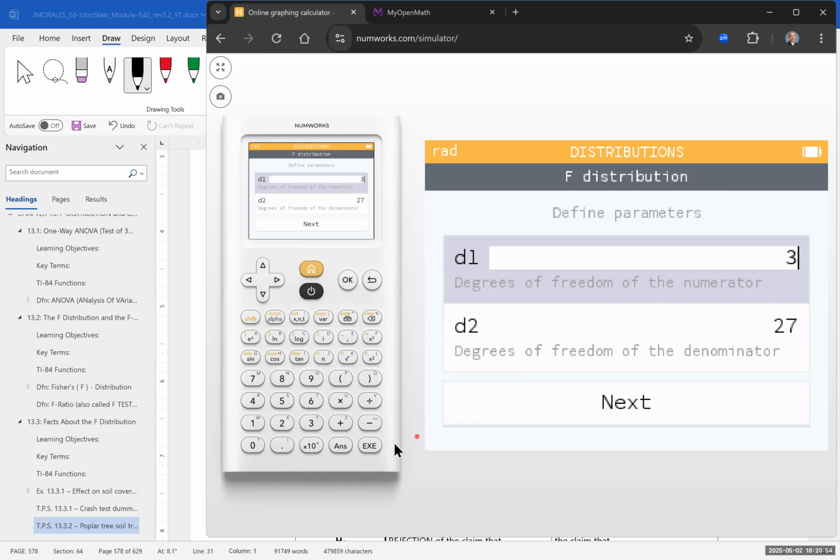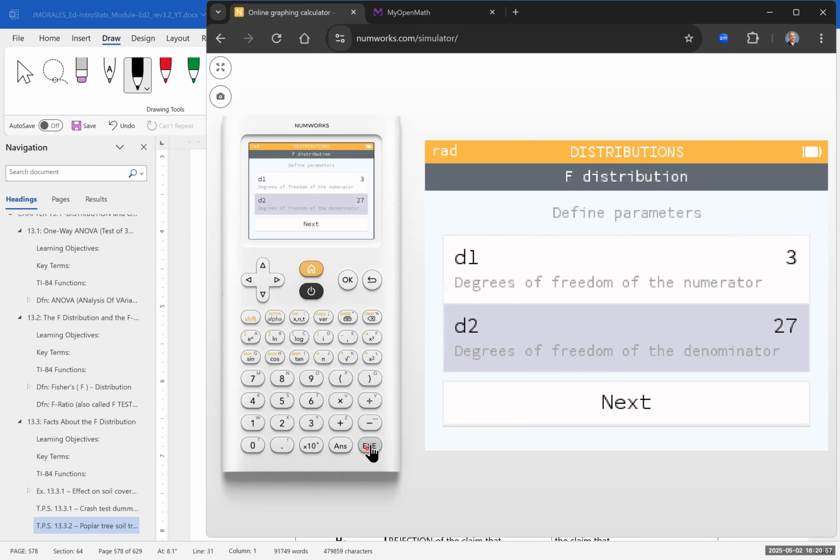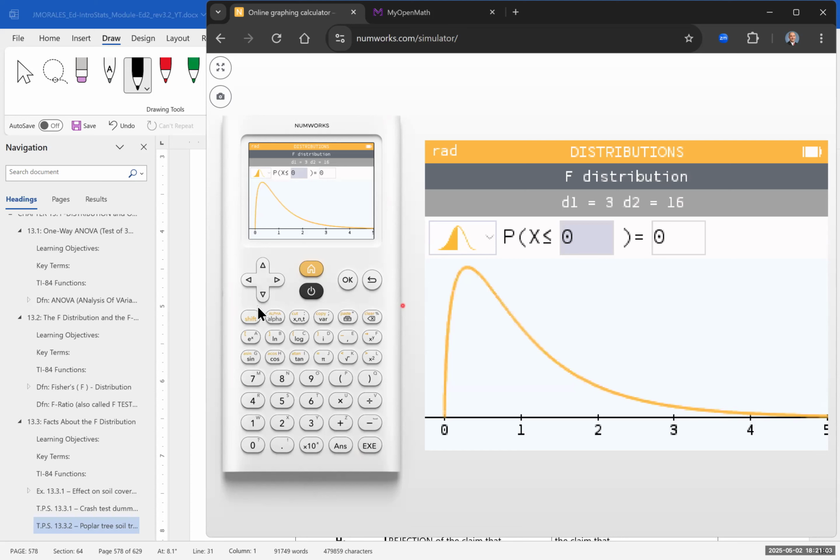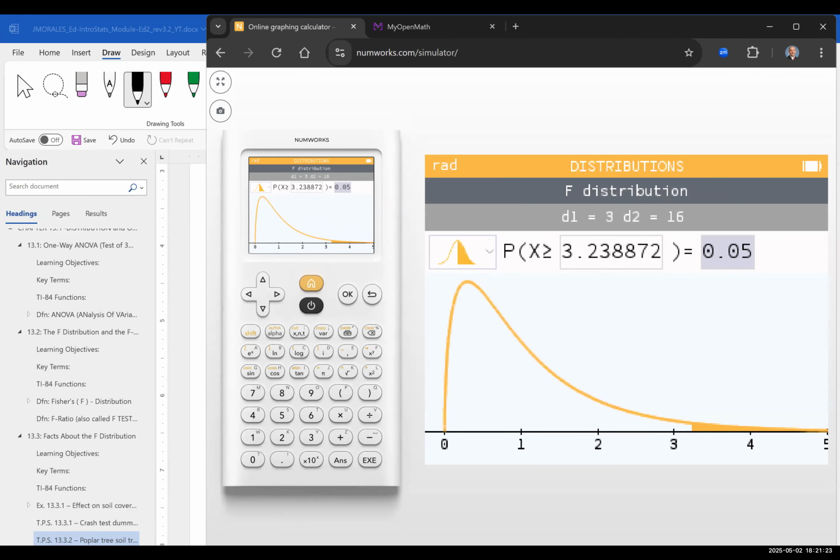Notice it says D1. And degrees of freedom of the denominator, it says D2, that was 16. And we want the area to the right, where the area is 0.05, because we have a 0.05 significance level. There we go. So we get a critical value of 3.24.